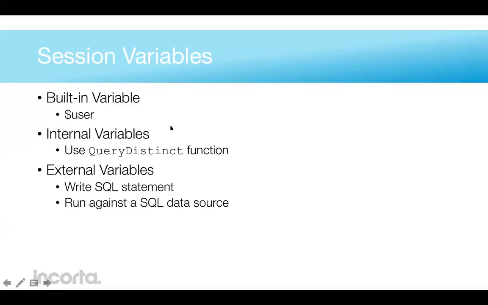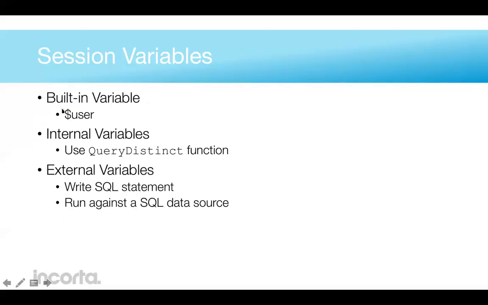So if you have a data access list table, that table needs to be directly or indirectly filtered or queried by $user, which is the login name. I'm going to go through the detail in the Incorta UI later in a demo.